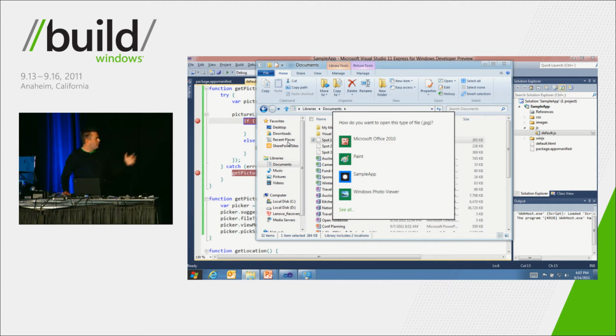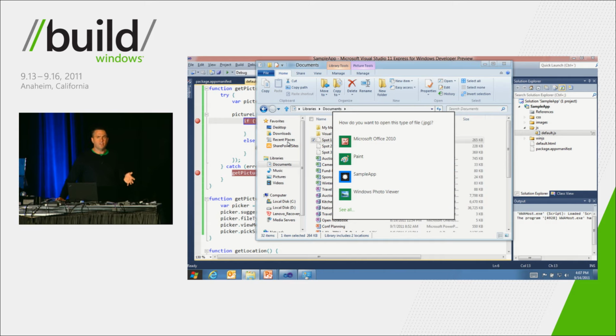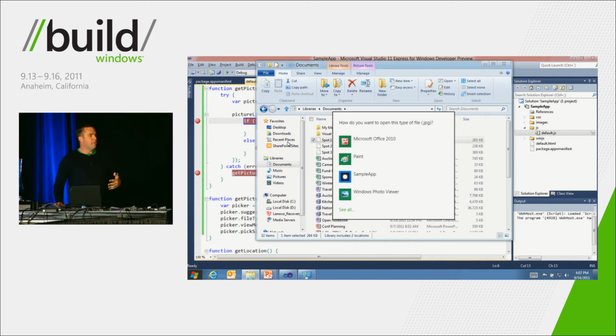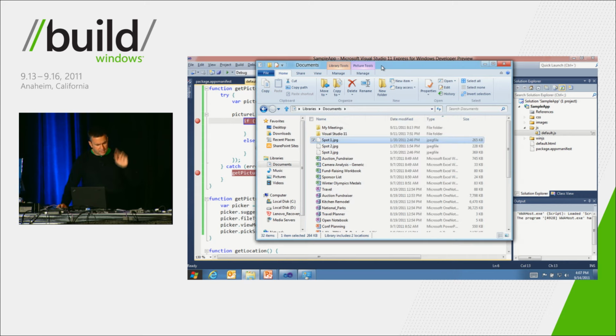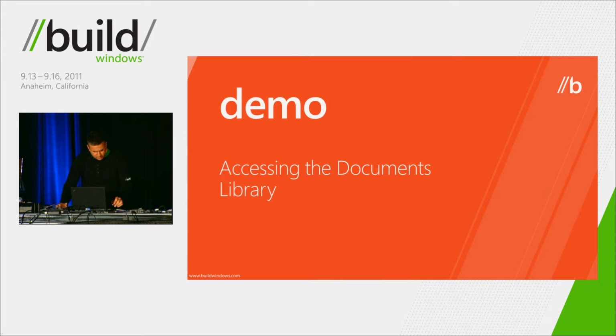And if I were to click on my sample app, that would mean everywhere in the system that somebody says they want to invoke a JPEG, my app would be that default. And the user's in control, and they can change this. So I'm going to click off of that because I haven't written that code. But I'll give you a little bit of a flavor of what that looks like.